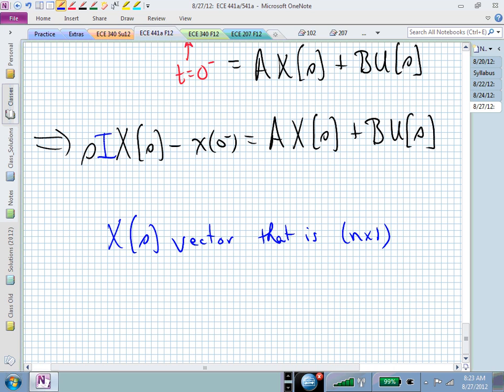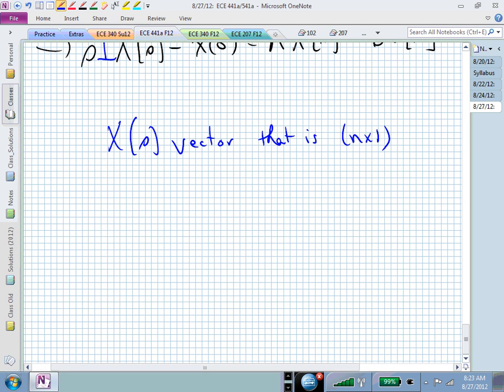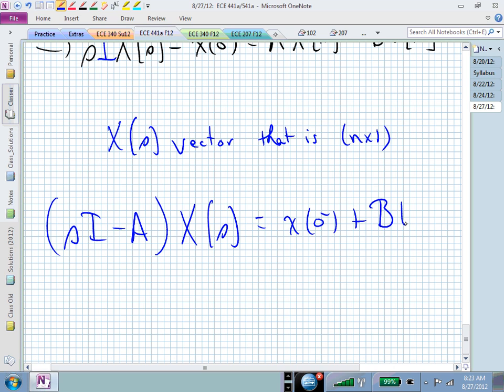Now that I have sI in there, I can combine sI with A. So now I have (sI minus A) times capital X(s), and let me put everything else on the other side. I have the initial condition plus BU(s).